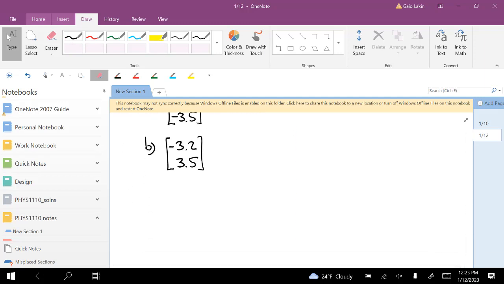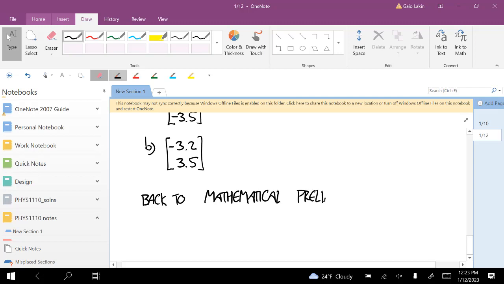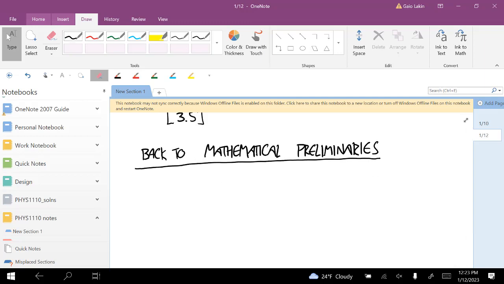Okay, so now let's go back to ordinary differential equations. So this is part of our mathematical preliminaries. And we're on number 4. This is solving ordinary differential equations using separation of variables.